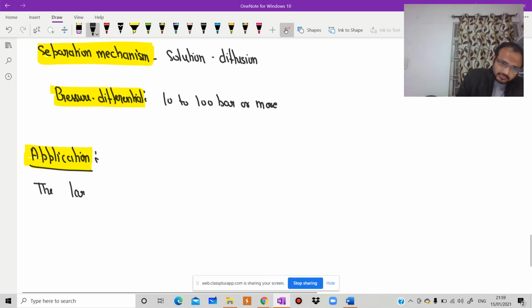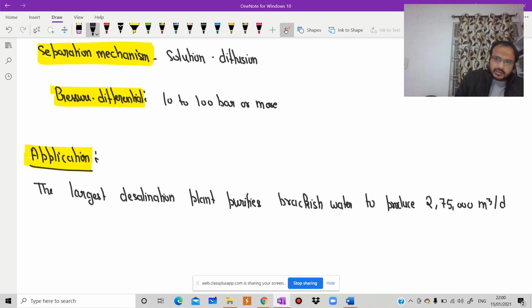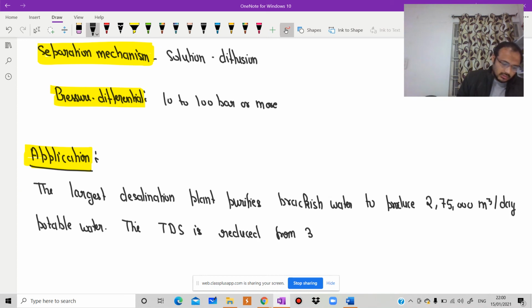So write down: the largest desalination plant purifies brackish water to produce 275,000 meter cube per day of potable water, and the TDS is reduced from 3,100 ppm, parts per million, to 200 ppm.